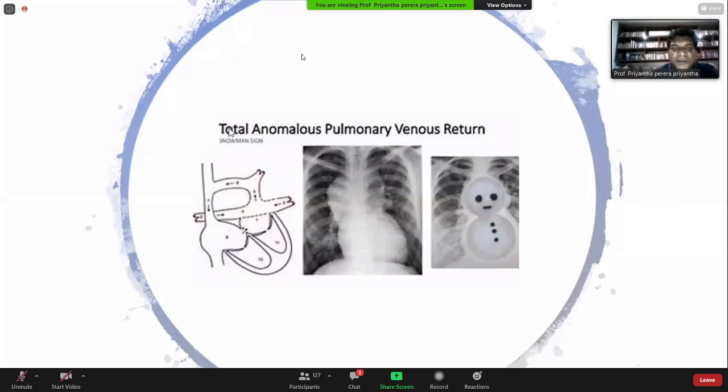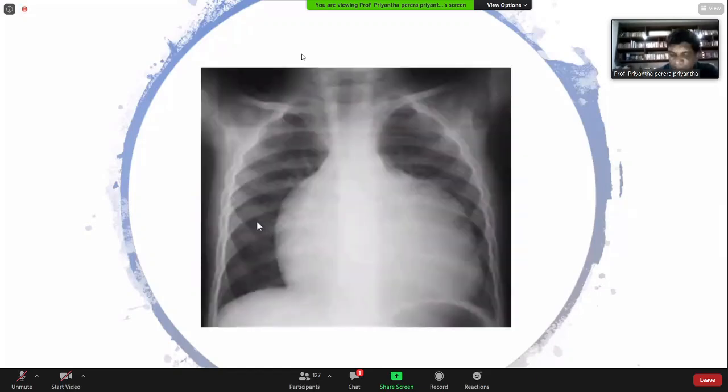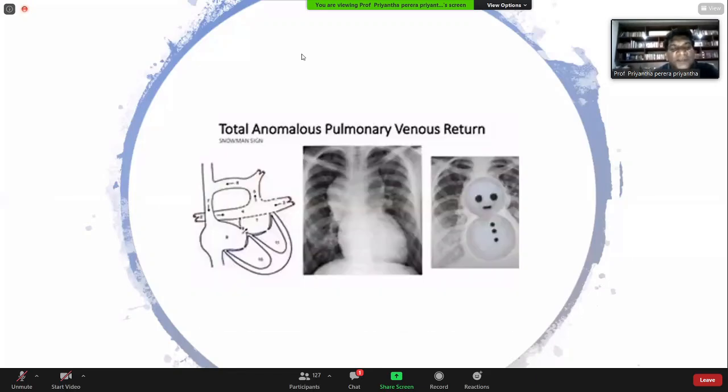Right? You get it in total anomalous pulmonary venous drainage. Here what happens? The pulmonary venous blood does not go to the left atrium. It goes like that and then into the SVC and drains into the right atrium. And through the foramen ovale, it goes to the left atrium.